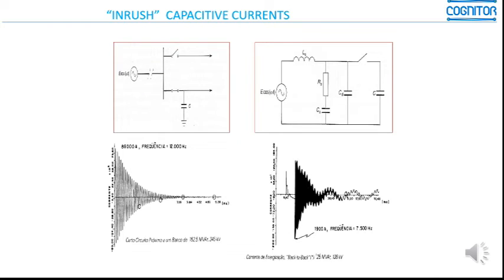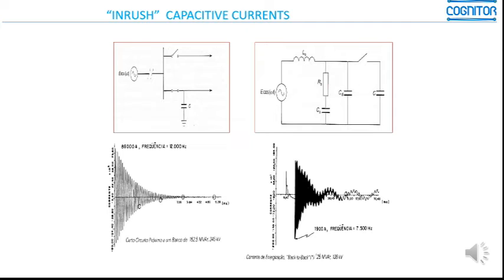Here is another effect, which is the inrush of capacitive currents, and this occurs when you are closing one circuit breaker or one switch to energize one capacitor bank. In the first moments, depending on the point in the wave that the circuit is closed, you have a performance more or less as if the capacitor was in short circuit.